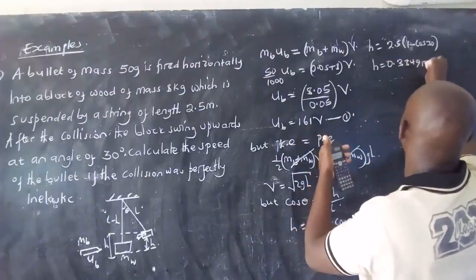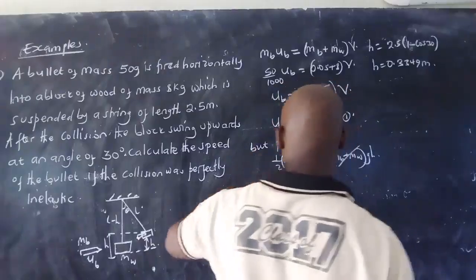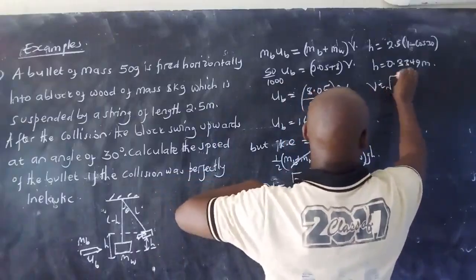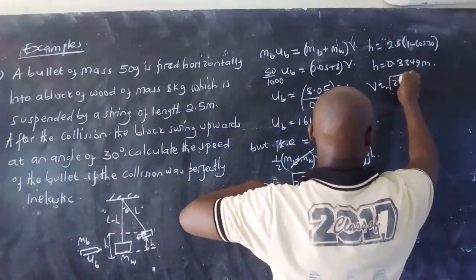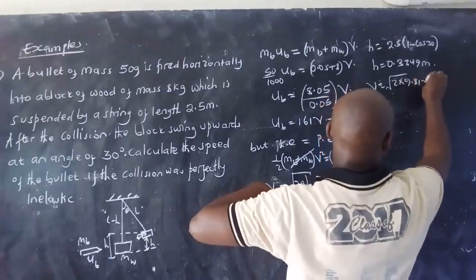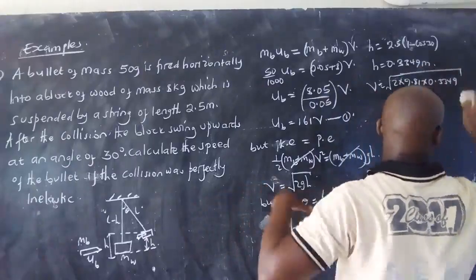0.3349 meters. So we substitute. Therefore, our v becomes the square root of 2gh, which is 2 times 9.81 times 0.3349, under the square root. What do we get?